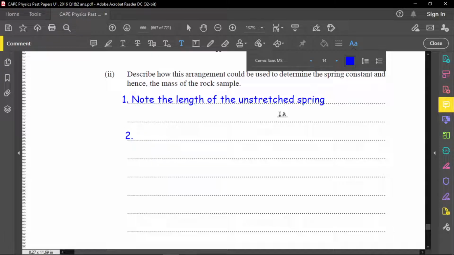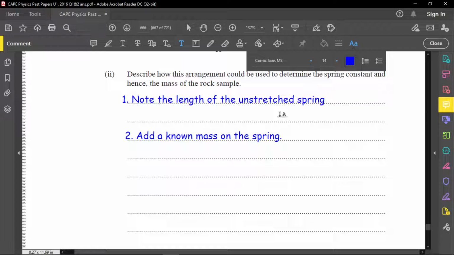So the second point is to add a known mass on the spring. Very important for us to note that. So once you add a known mass on the spring, what you're also going to do is to determine the new length. So you're going to do this after you add a known mass onto the spring.